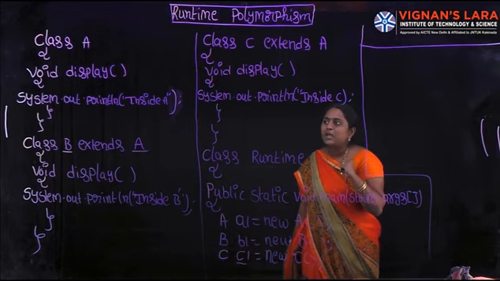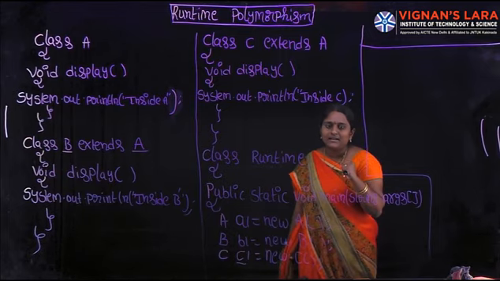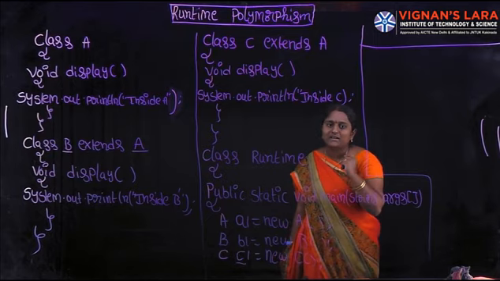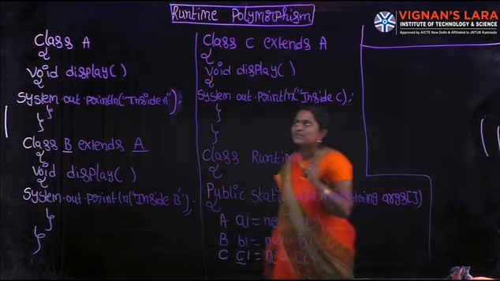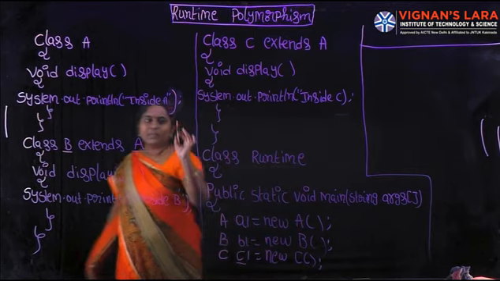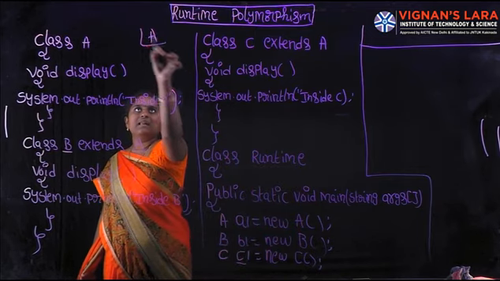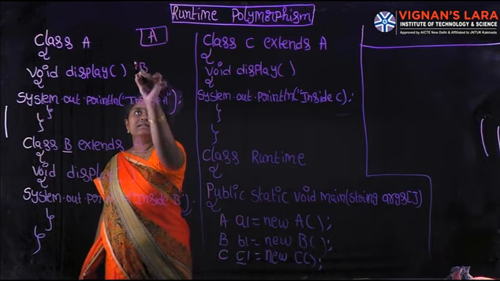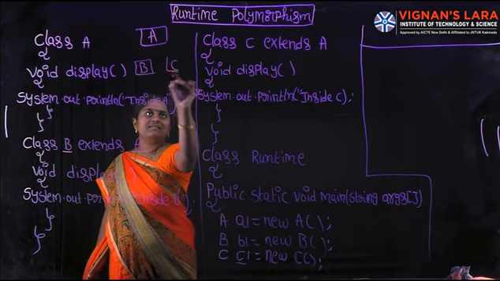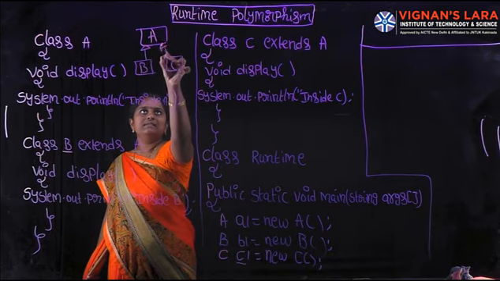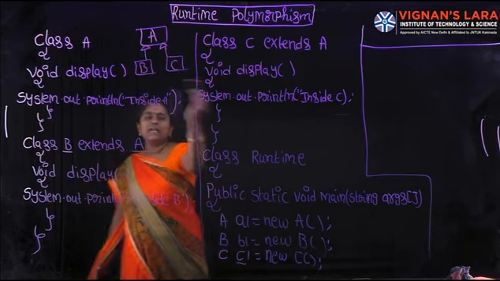It is which type of inheritance? Hierarchical inheritance. Derivation of several classes from only one superclass. Here A is the superclass, and B and C are derived from A class.